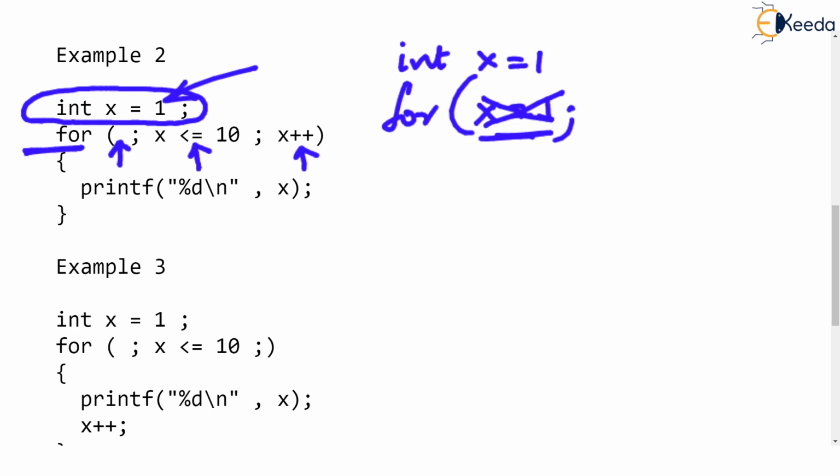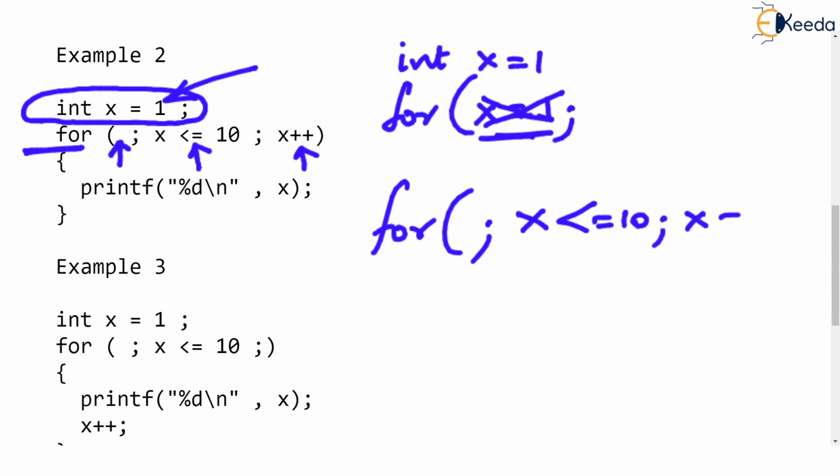In that case, you can say, okay, I don't bother about initialization, but x less than or equal to 10 should be the condition, and x should increase by 1 every time. But you notice, although you are not giving initialization, you still have to give the semicolon.